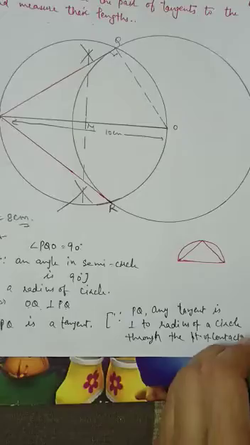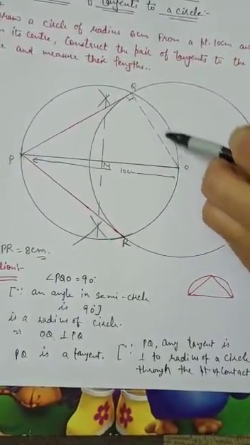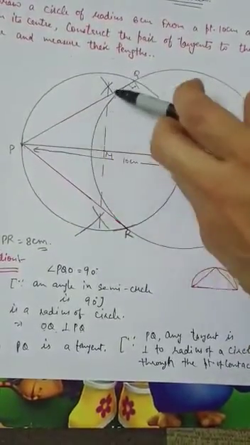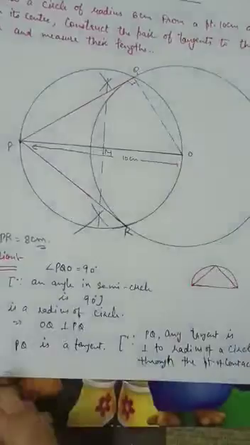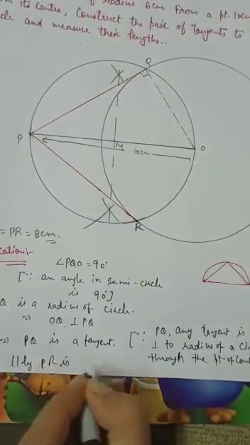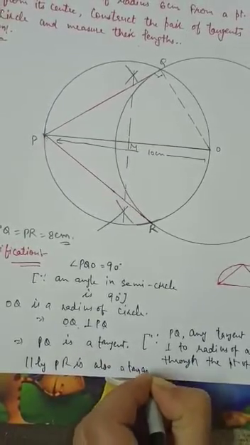Here the point of contact is Q, and OQ is a radius which is perpendicular to PQ. So PQ is a tangent, and similarly PR is also a tangent. So this is the justification.